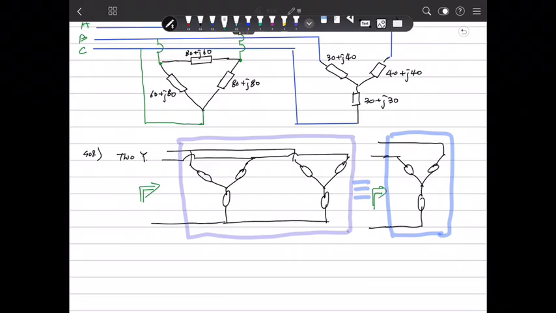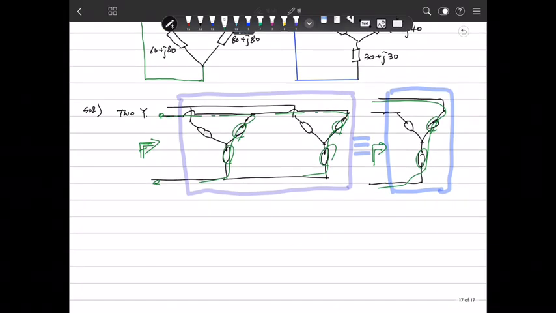For example, in this view here, it looks like this is a parallel and this is a parallel, and this parallel is the same as this parallel and this parallel. So it looks a little complicated, because this parallel, I mean that series and that series.